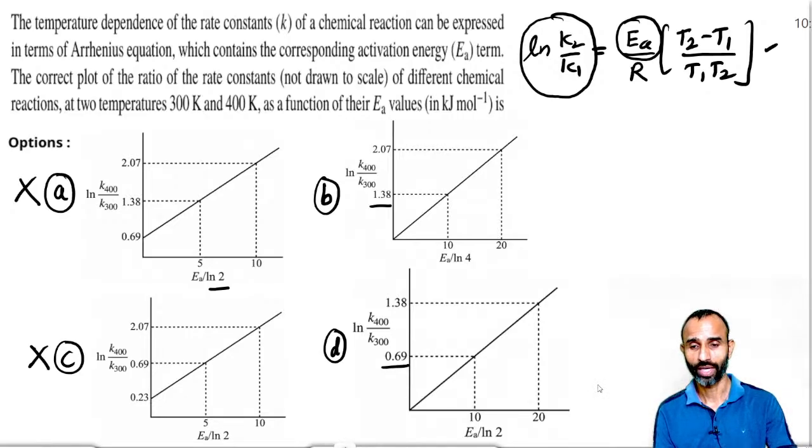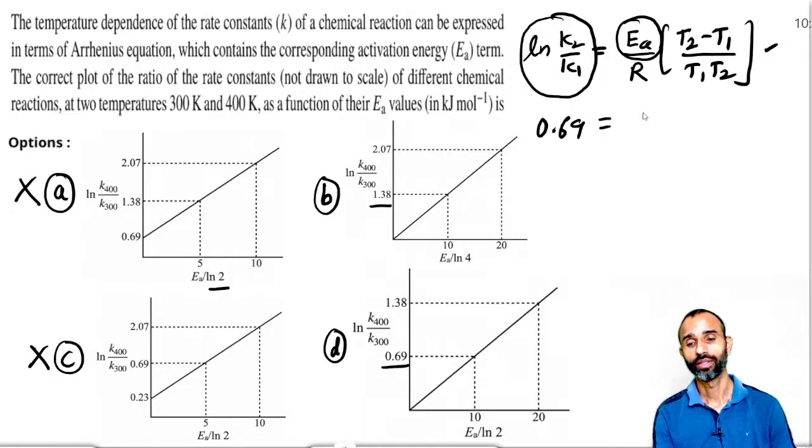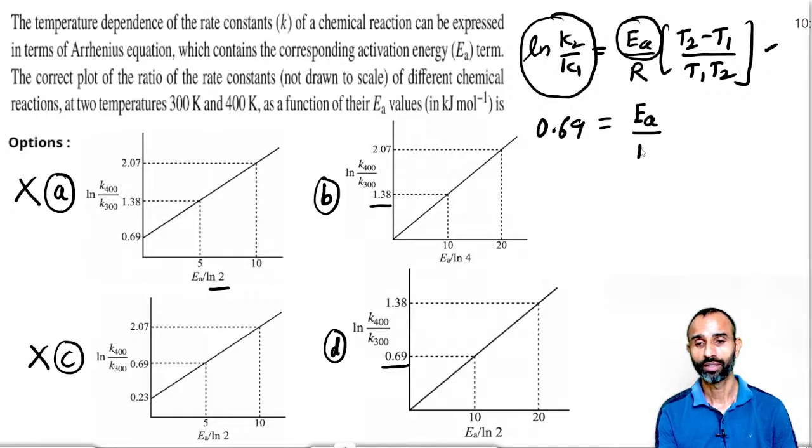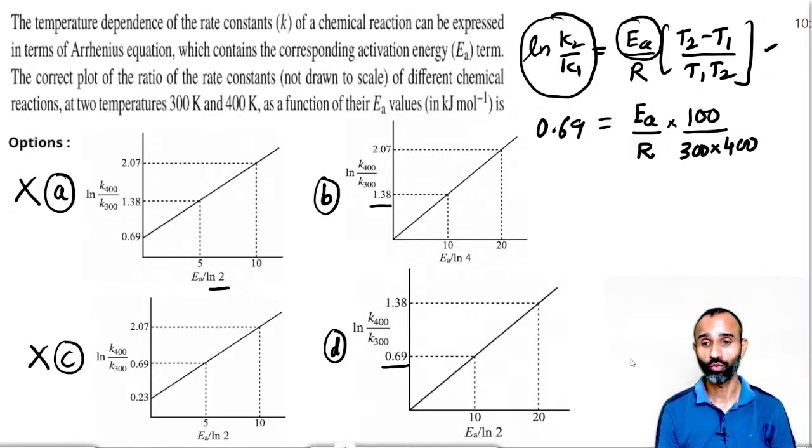So take any value. Let us take natural log of K2 by K1 as 0.69, which is equal to activation energy divided by R into T2 minus T1, that is 100, divided by 300 into 400, and activation energy is taken in kilojoule per mole.